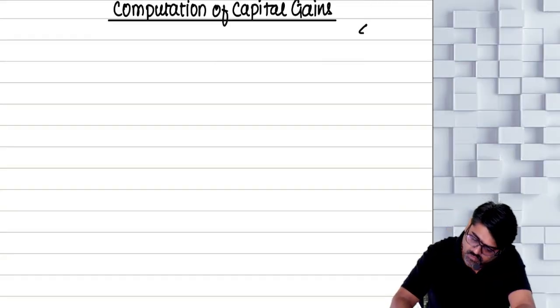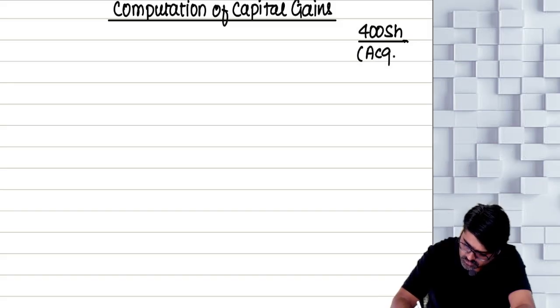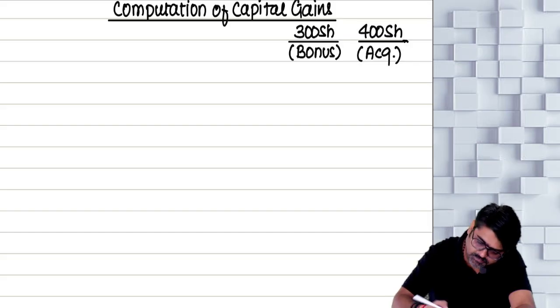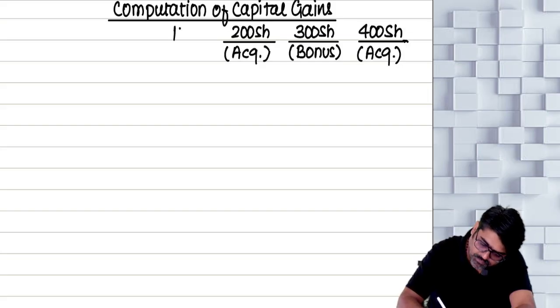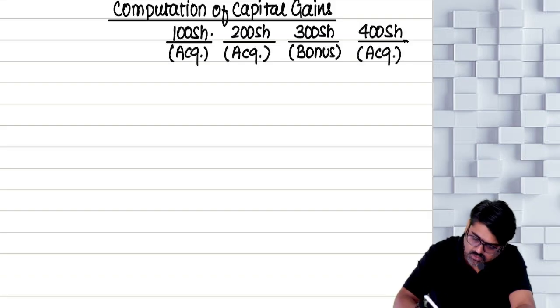So, 400 shares which were acquired by him are also sold. 300 shares which are bonus shares are also sold by him. 200 shares, these are also acquired shares, are also sold. And 100 shares which are acquired shares are also sold.